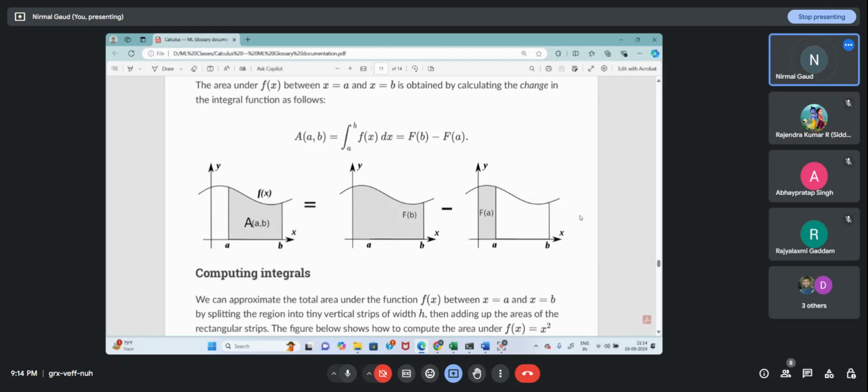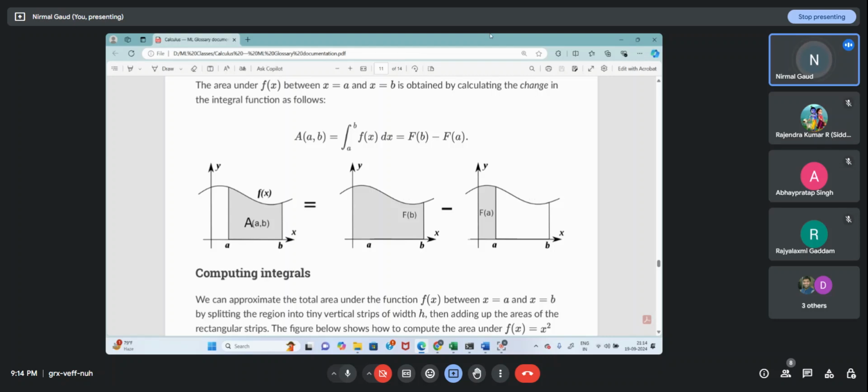And just like we are calculating the area, and see this diagram, we are saying we are going to capture the area of this portion. Okay, so we are taking the integration from a to b of f of x dx, that is equal to f of b minus f of a.